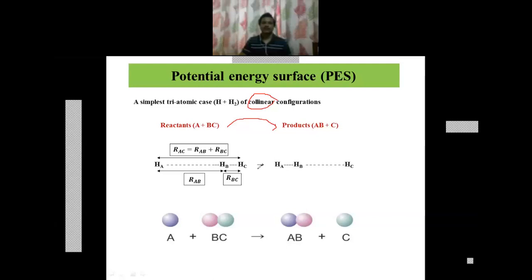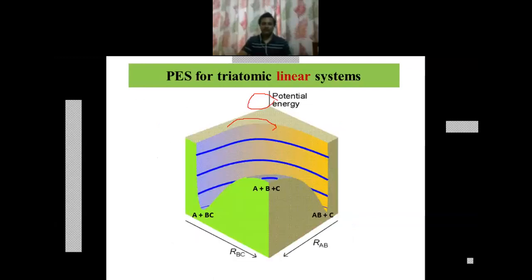So that's what I want to discuss. Okay, so be a little bit patient. I think at first instant it's not that easy to understand. Now potential is going to be looking like something like this.